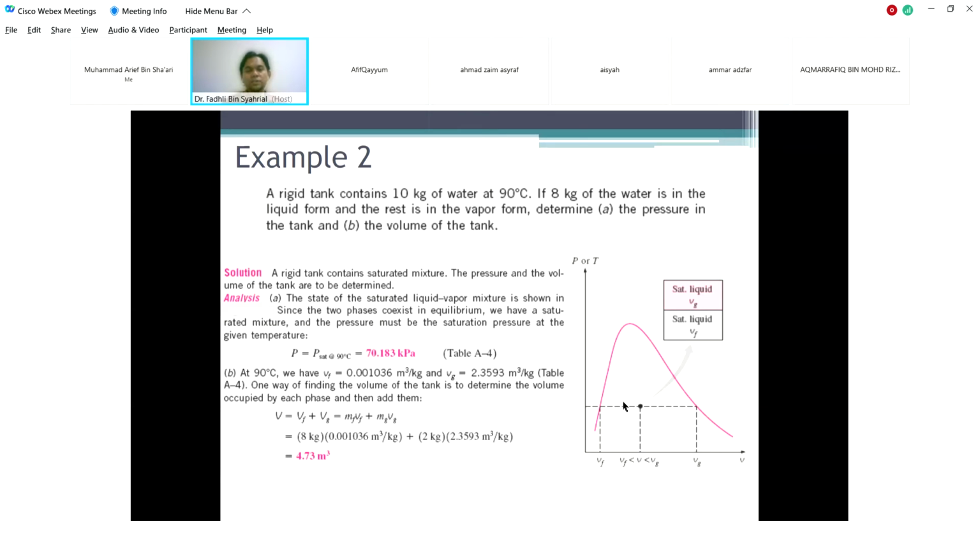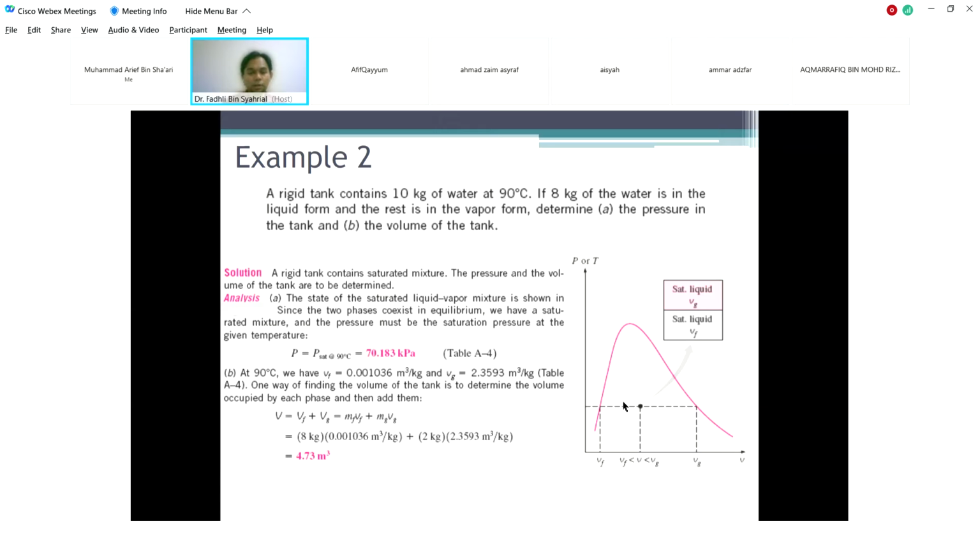If you read this question, it seems difficult to solve, but it is very simple if we can draw the PV diagram. If you can't draw the PV diagram, you will have difficulty solving this problem.